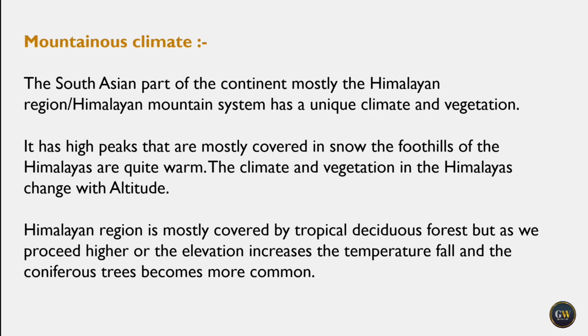So in the higher altitude, there is coniferous vegetation, and in the foothills of the Himalayas, there are deciduous forests. The Himalayan region is mostly covered by tropical deciduous forest, but as the elevation increases, the temperature falls and coniferous trees become more common. So in the higher altitude, coniferous trees are found, and in the lower foothills of the Himalayas, there are deciduous forests.